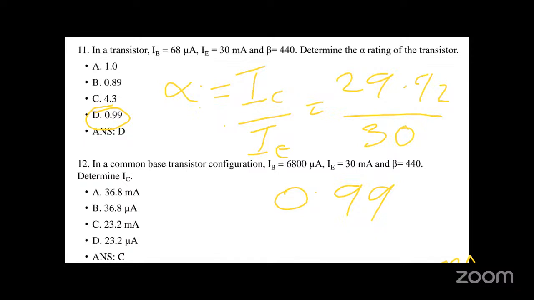The next question, in a common base transistor configuration, IB is 6,800 microamp, IE is 30 milliamp, and beta is 440. We are asked to find IC.